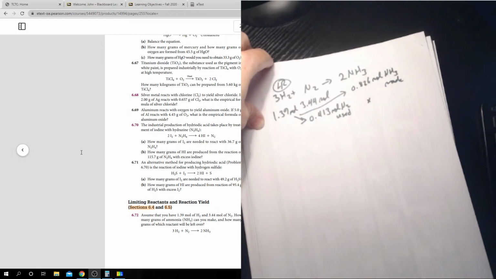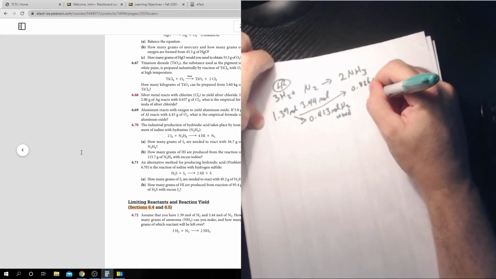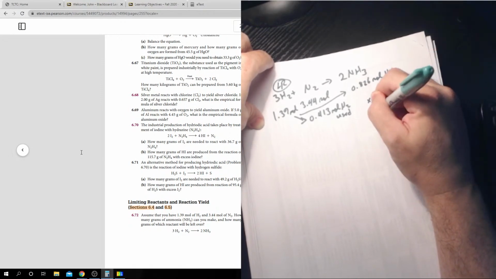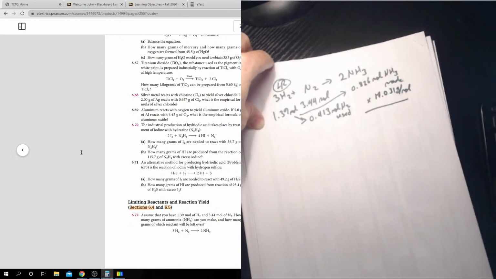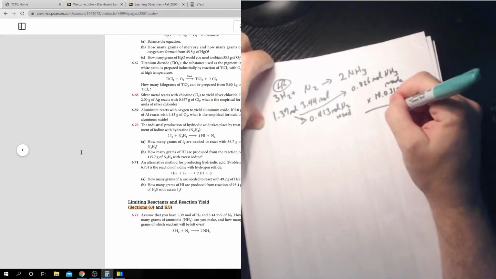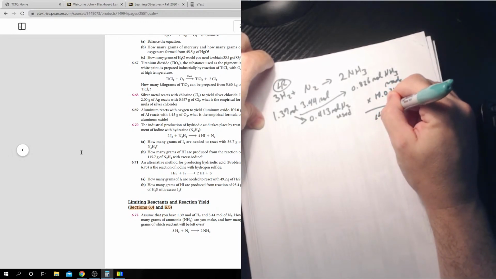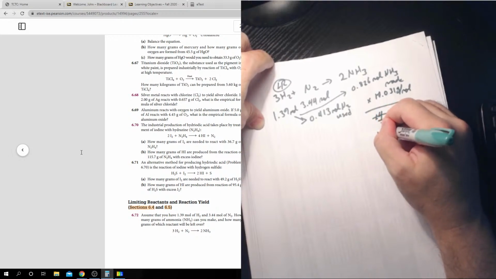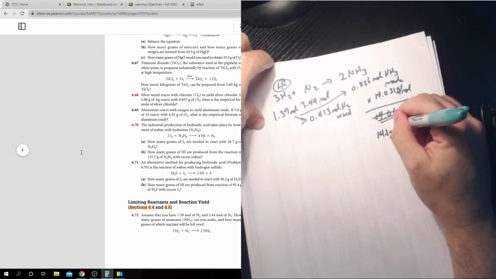So let's see, ammonia, 1.0079 times 3 plus 14.07, 17.031 grams per mole means we're going to make how much ammonia? 14.1 grams of ammonia.